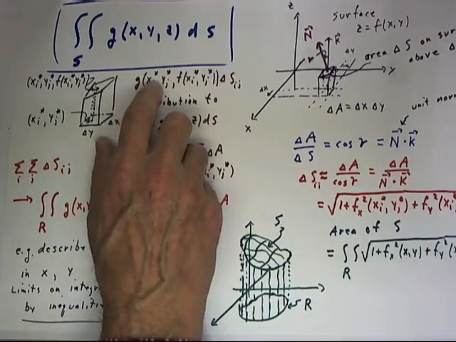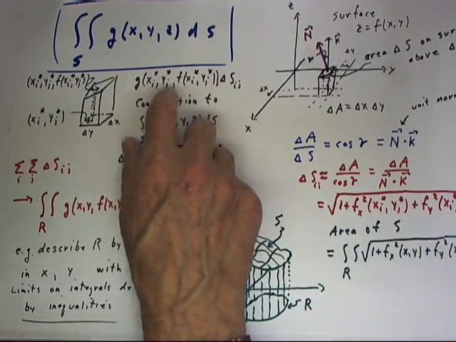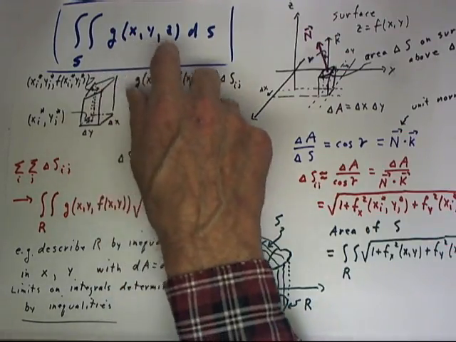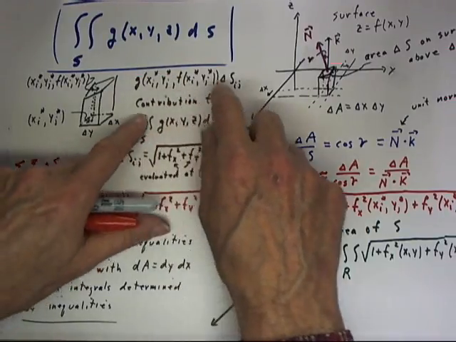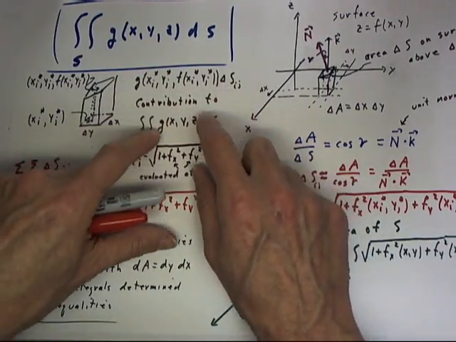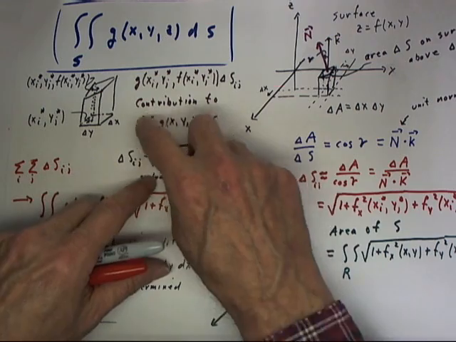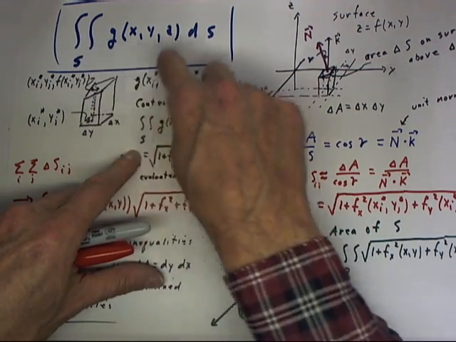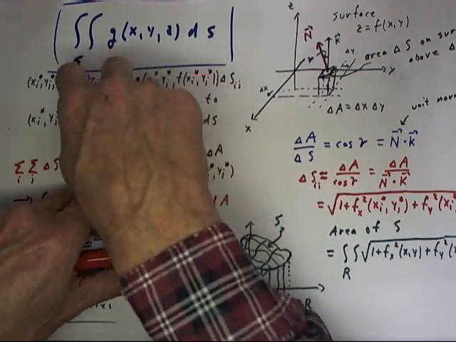We plug the x, the y, the z obtained from our sample point into our g of x, y, z function, multiply that by the area, and that's our contribution to the integral of g of x, y, z over the surface.